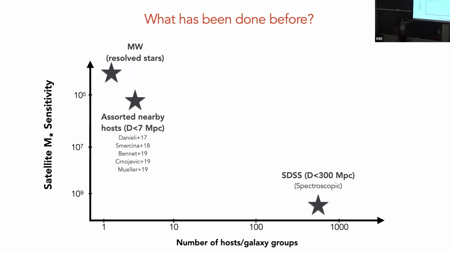And then there was this work over the years of trying to do things in the local volume, where we have a few of these hosts, and we go maybe almost reaching the ultra-faint dwarfs, but not quite. And then the SAGA survey recently completed mapping the satellite galaxies around 100 Milky Way-like galaxies, going down all the way to roughly a few times 10 to the 7, again, in terms of the sensitivity, the stellar mass of the satellites.